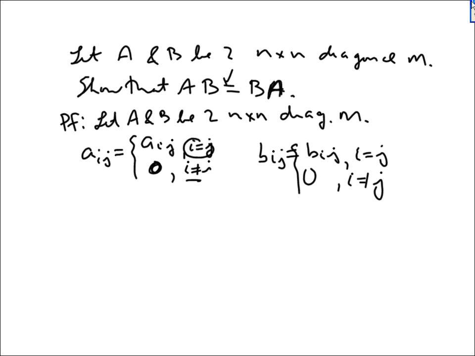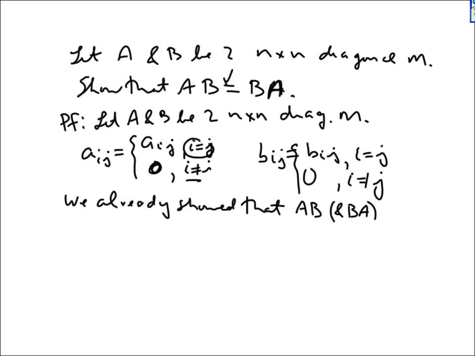So now, we already showed that when you multiply two diagonal matrices, AB, and hence BA, because B and A are two diagonal matrices, is a diagonal matrix.